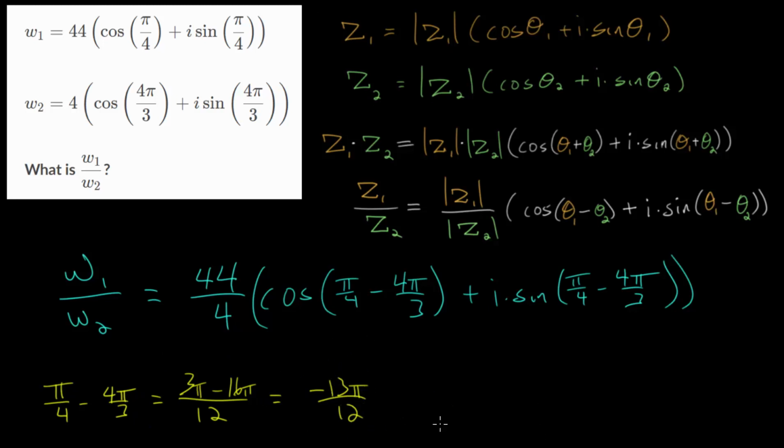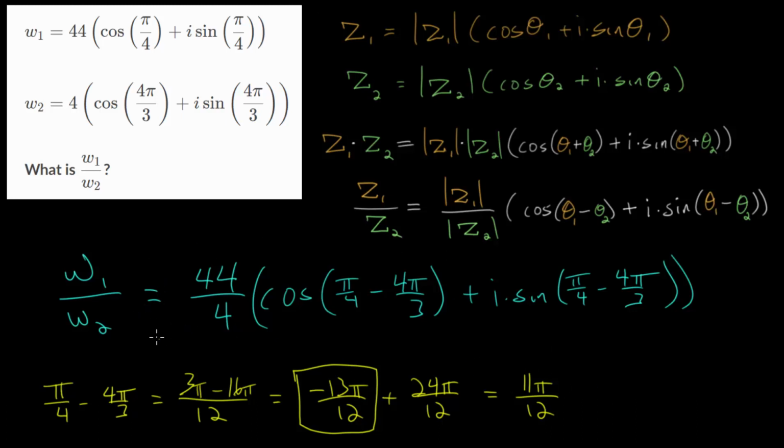And if we want, we can look at a positive angle by adding 2 pi or adding 24 pi over 12 to this. And we will just get 11 pi over 12. But this angle is perfectly valid as well. It's a matter of preference at this point since these are equivalent to each other.